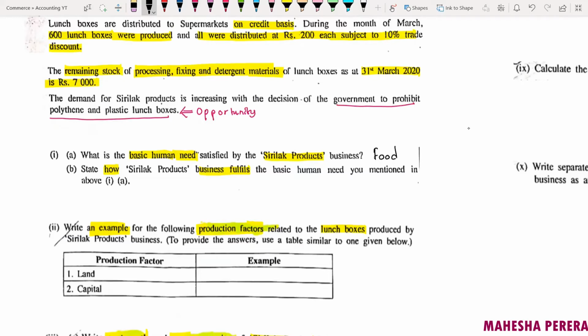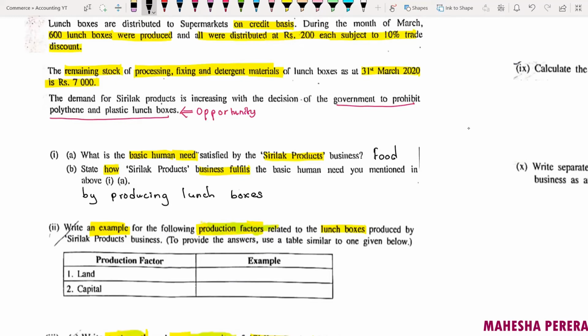It's food. Okay, next one. State how Cyrillac products fulfills the basic need that we mentioned. So you can say by producing, and also selling, by producing lunch boxes.